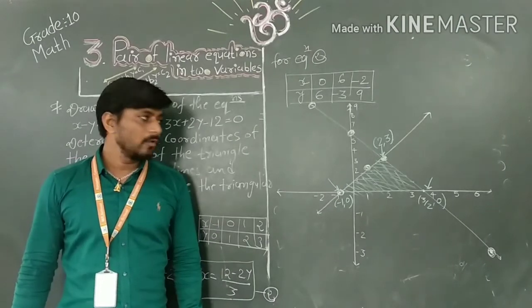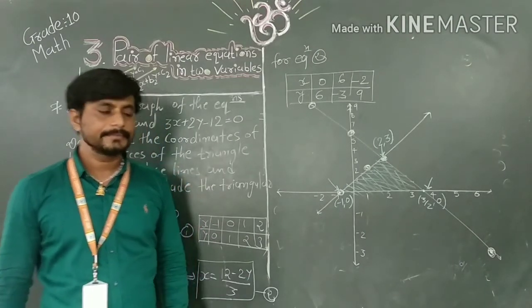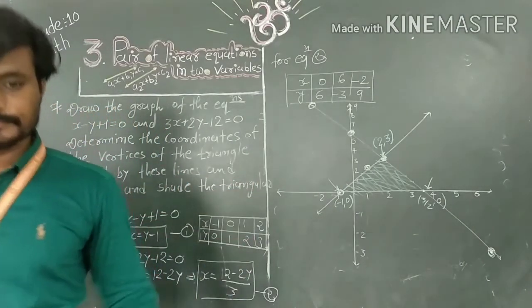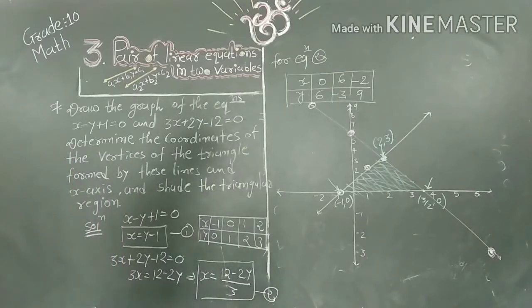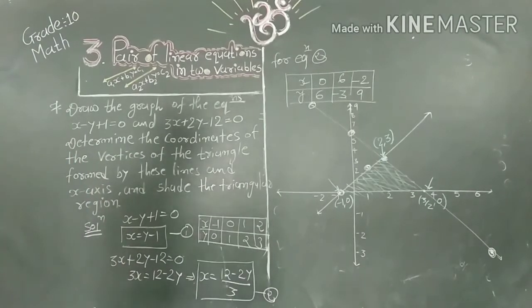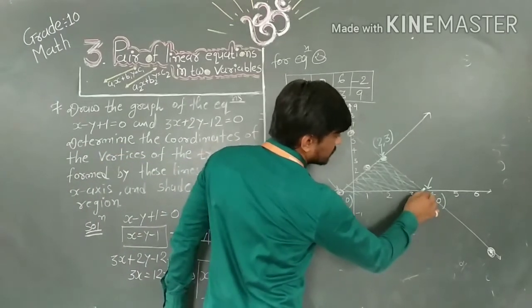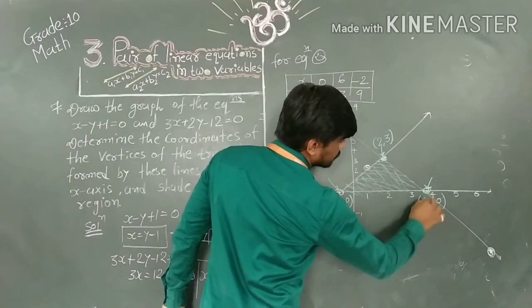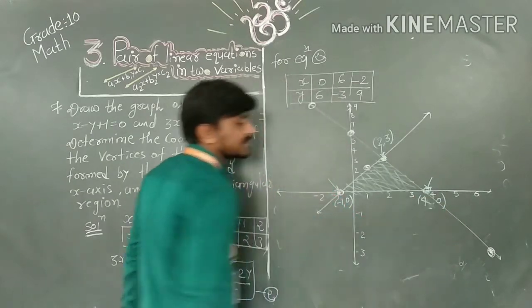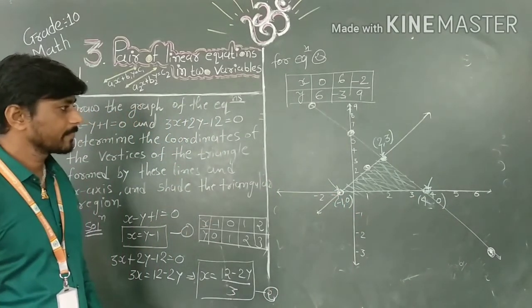Got it? I hope you all understood. Look, this is a rough graph, or you can write 4 also. Also you can write 4, 0, passing on 4. Okay?